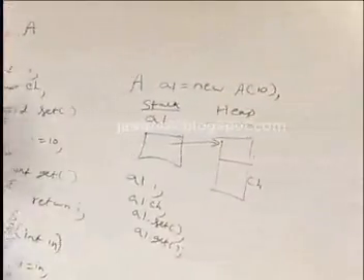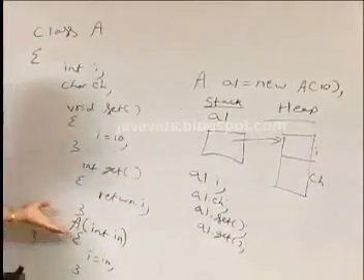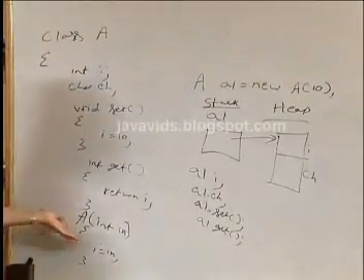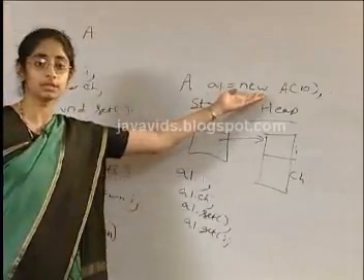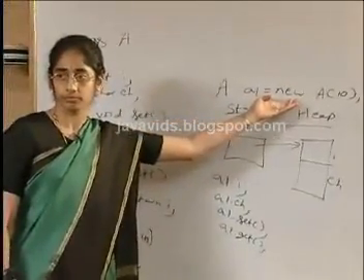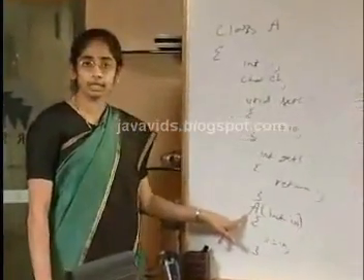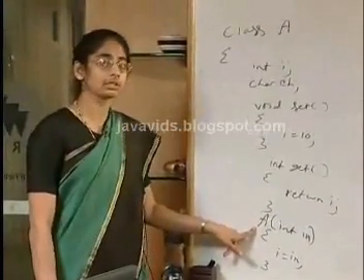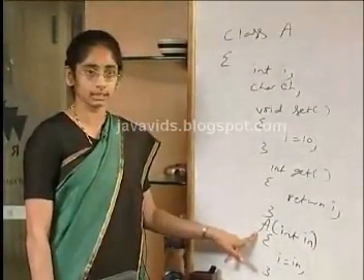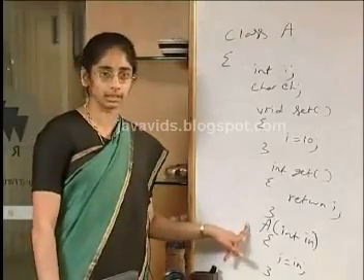Because when does a constructor get executed? The constructor gets executed every time you create an instance, when you say new. So constructors are executed when you create an instance of a class. They are used to initialize the members of a class, and they do not have a return type.